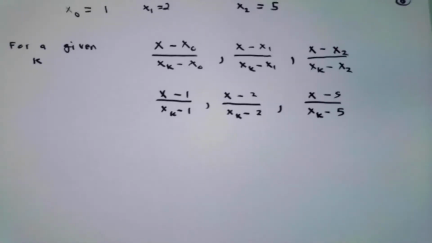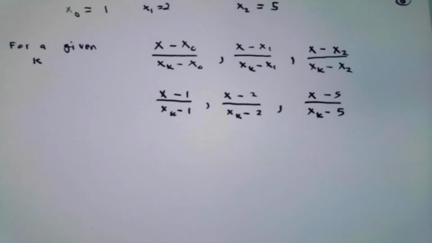To be a little bit more concrete, let's look at an example where n is 2. x0 will be 1, x1 will be 2, and x2 will be 5. For a given k index, there are three factors that you could use to build up the Lagrange polynomials: x minus x0 over xk minus x0, x minus x1 over xk minus x1, or x minus x2 over xk minus x2.